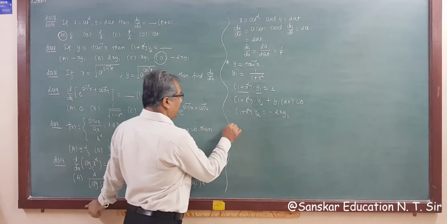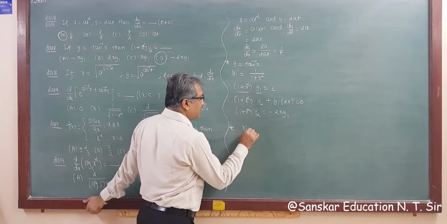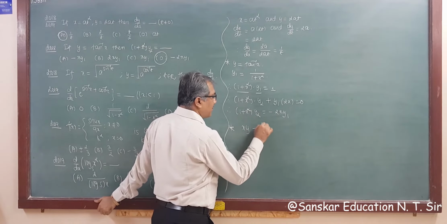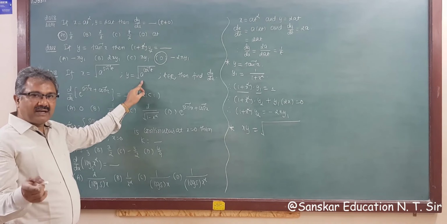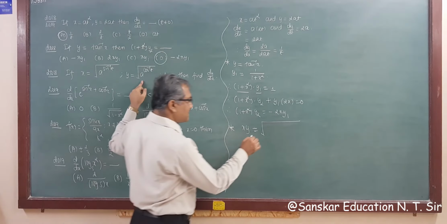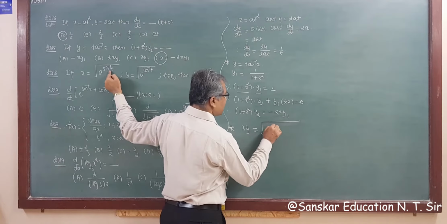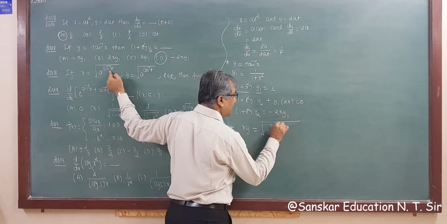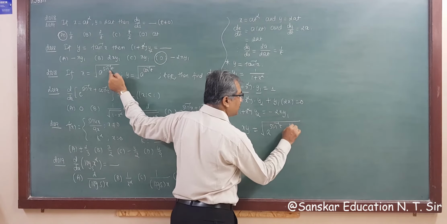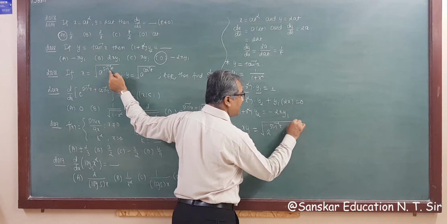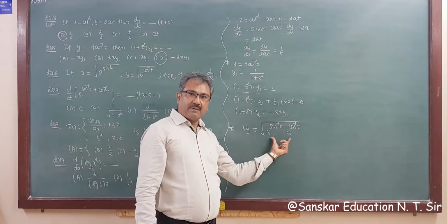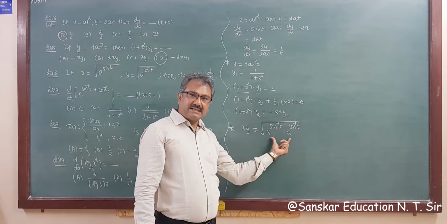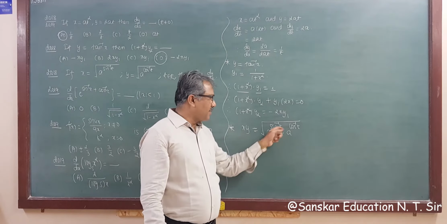Right? What do we get? If we multiply both, xy is equal to the square root of. Now this is in a square root and this is also in a square root, so we write only one square root. So this is a raised to sin inverse t into a raised to cos inverse t. Now the base a is the same, so we add the powers.